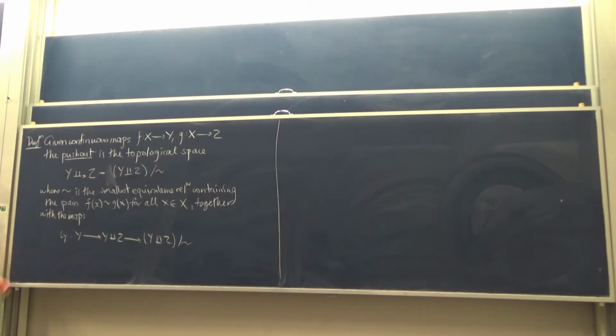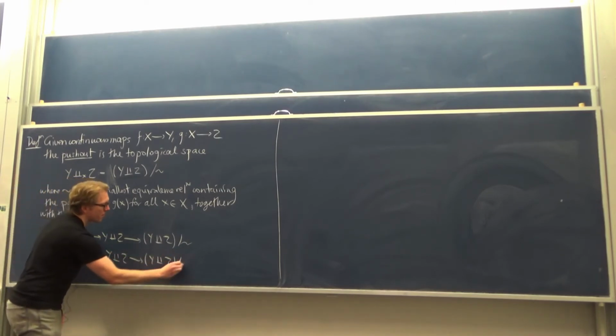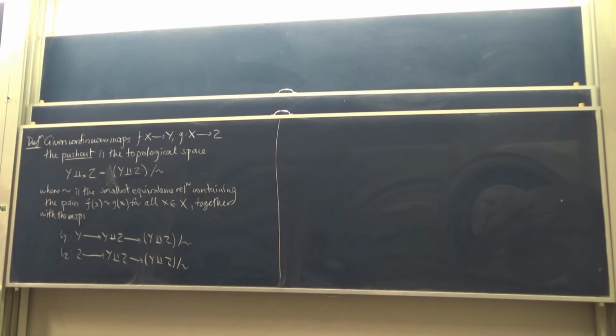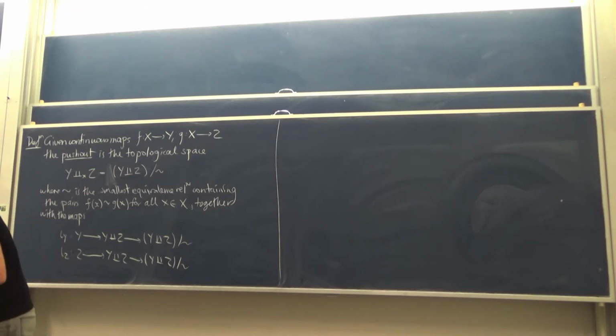I'm just going to write that as iota Y, and then there's similarly an iota Z. I don't need to check those are continuous, because we already discussed that the inclusion into the disjoint union is continuous and the quotient map is continuous, so the composites are continuous. All right, so I've now defined a topological space and two continuous maps. Well, why do we care about this particular combination?